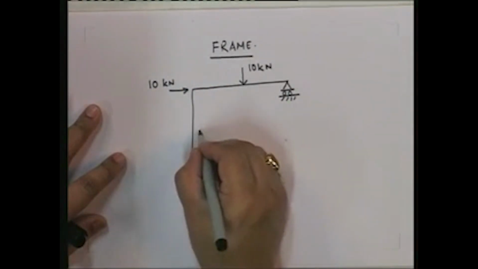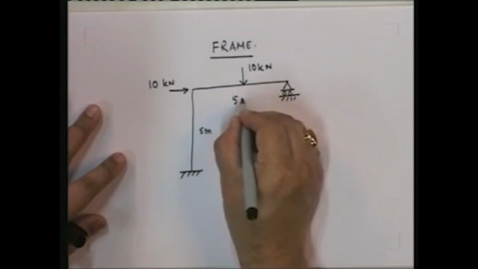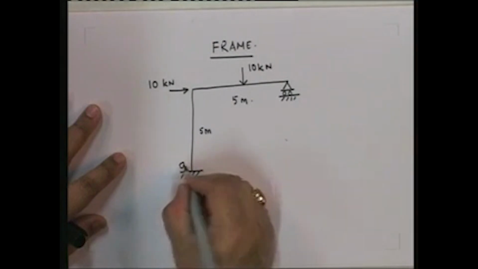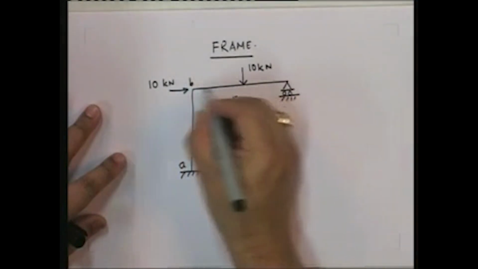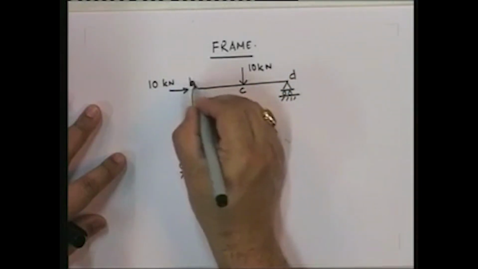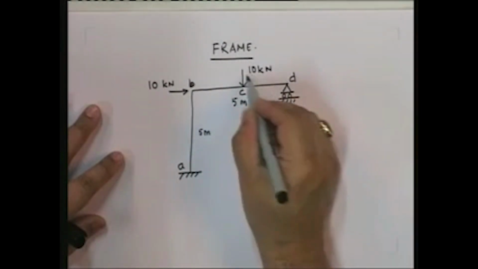where we have, this is 5 meters, this is 5 meters, and let me call this A, B, C, and D. And these are the loads on the structure.